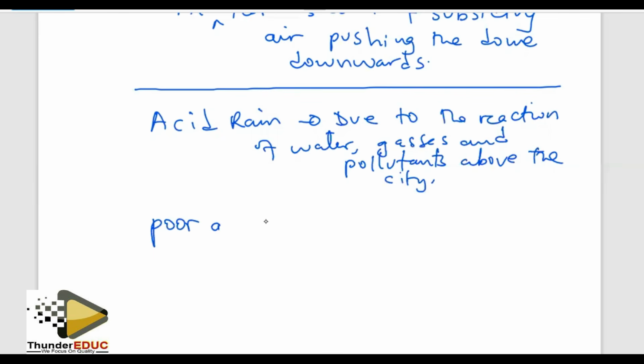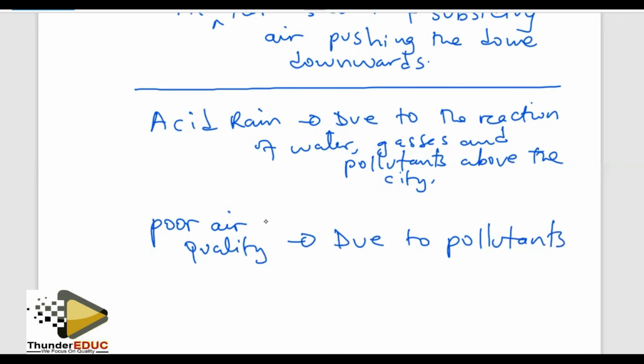Then poor air quality will be due to pollutants trapped above the city.